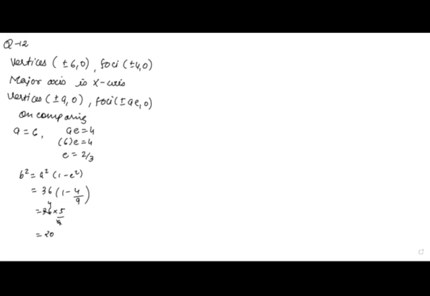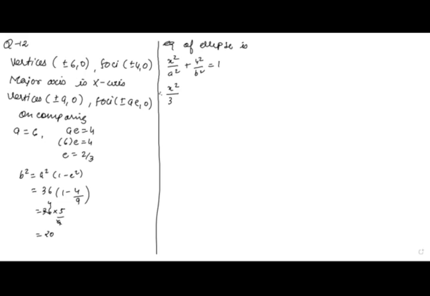Therefore, the equation of ellipse is x square by a square plus y square by b square is equal to 1. Therefore, x square by 36 plus y square by 20 is equal to 1. This is my equation of ellipse.